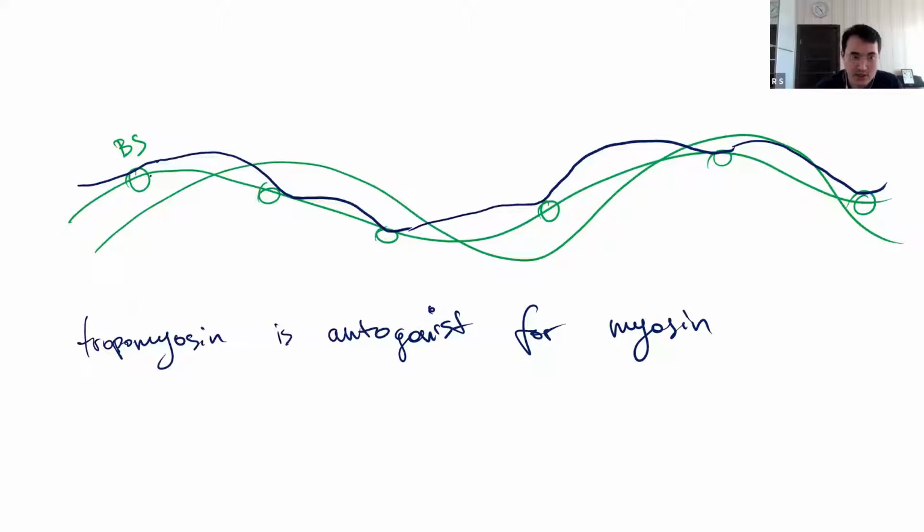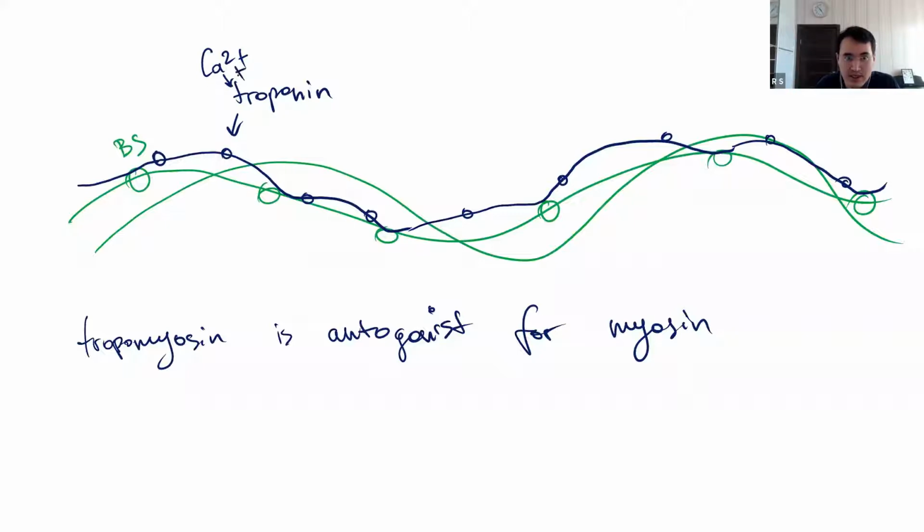And also on this filament of tropomyosin, we will have the troponins. And this guy is troponin. So whenever we have calcium released in the cytoplasm, this calcium will bind to troponin.